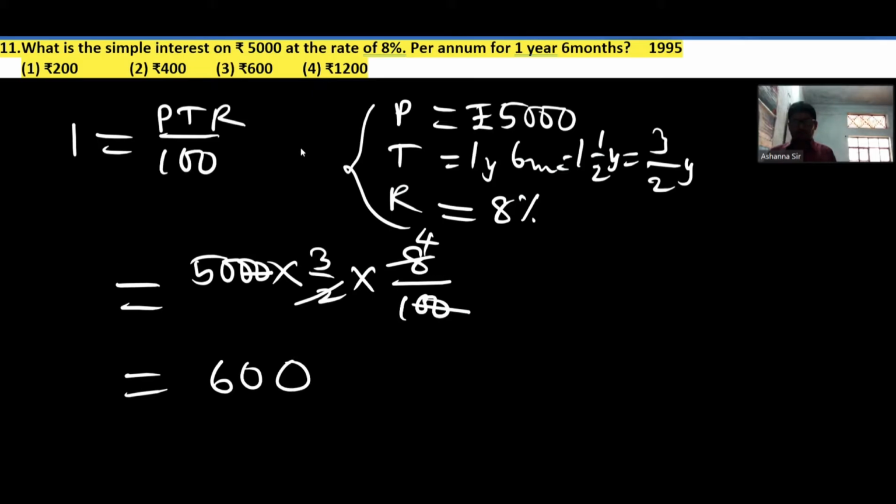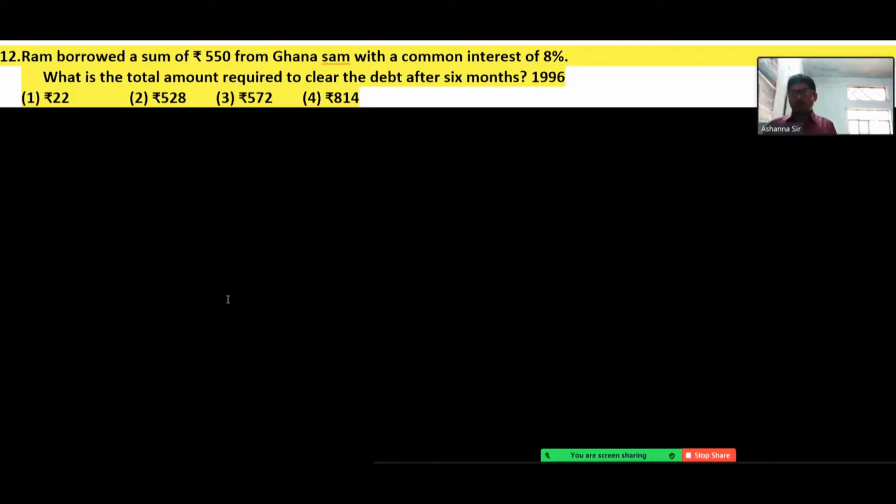So 600 rupees is interest. 600 rupees. Option 3.